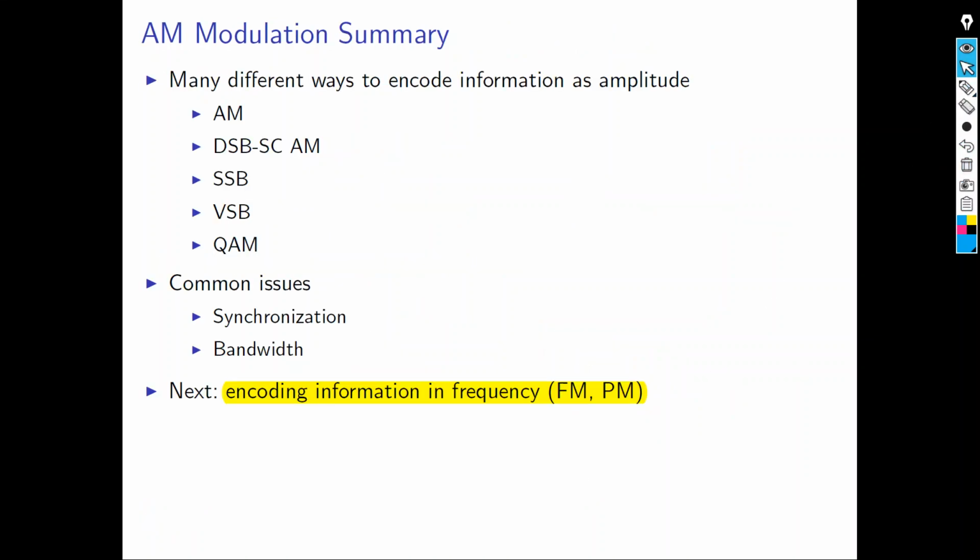Up until now, we have discussed many different ways to encode information as amplitude in analog modulation. One, amplitude modulation. Second, double sideband suppressed carrier, single sideband modulation, vestigial sideband modulation, and QAM modulation.